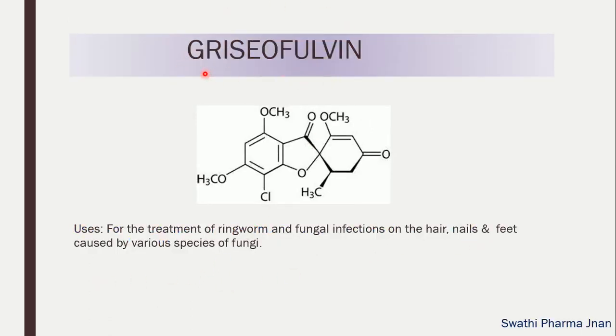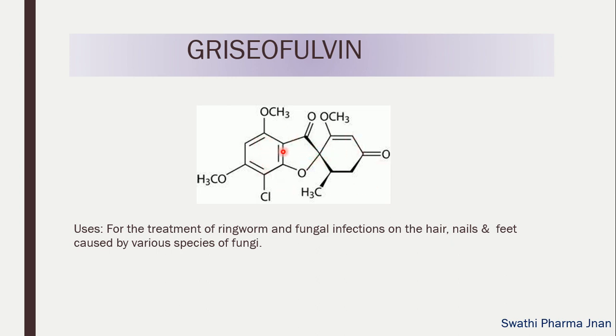Synthetic or artificial antifungal antibiotic, that is the griseofulvin structure. Griseofulvin contains one phenyl ring, and this structure is actually a spiro structure. Spiro structure means two different rings attached with one single atom is called a spiro compound.